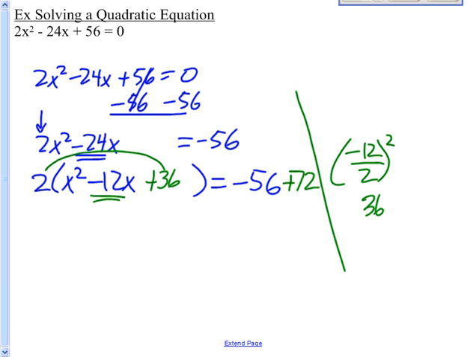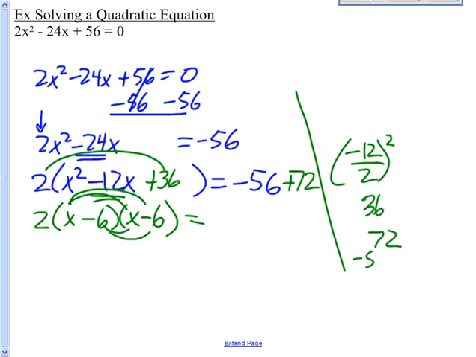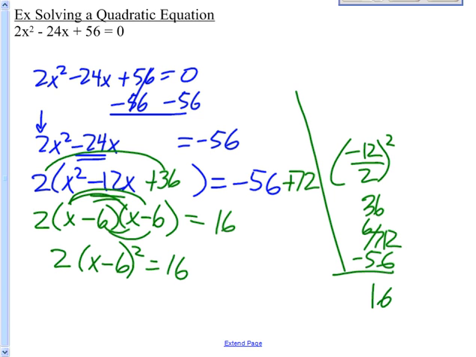Okay. Now we factor it. So x minus 6, x minus 6. You notice that's x squared minus 6x minus 6x plus 36. Over here we got 72 minus 56, right? And we got 16. Write this as a perfect square and solve this thing.